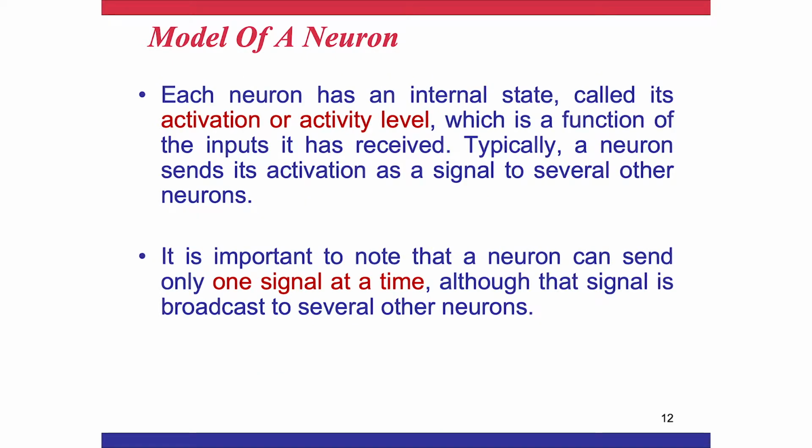The activation or the activity level is a very important aspect of an artificial neural network, because it defines how we proceed towards the solution. It might not always be a very simple neural network architecture where we have only two levels, one input and one output level.